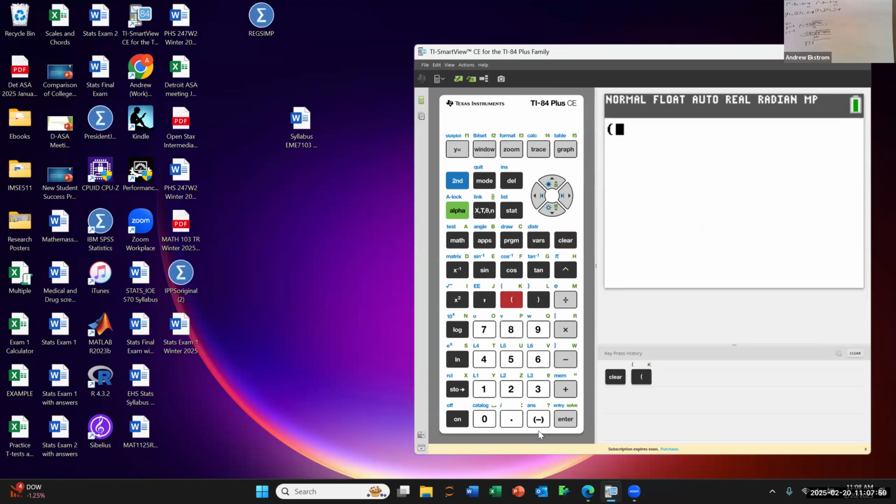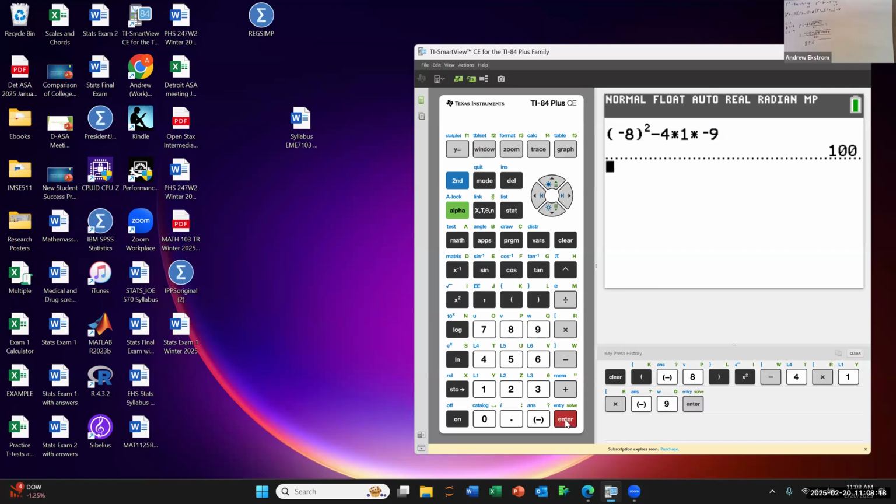So I can open parentheses, negate 8 squared minus 4 times a, which is 1, times c, which is negate 9. So I already know that whatever's going to be under the square root is going to be 100.